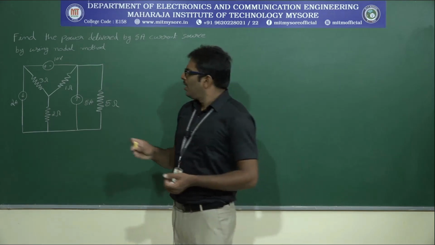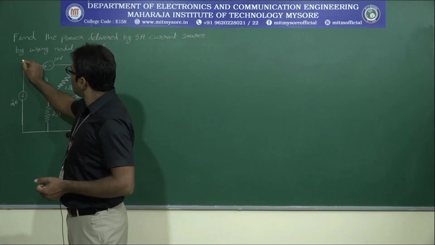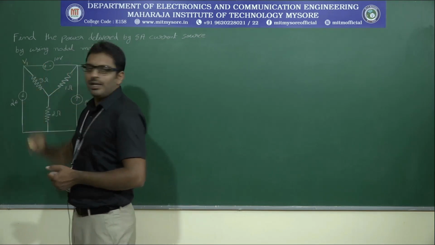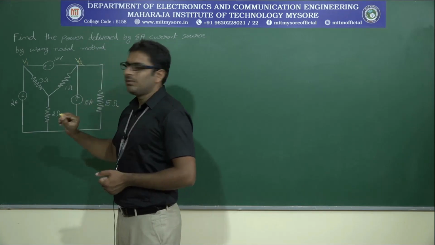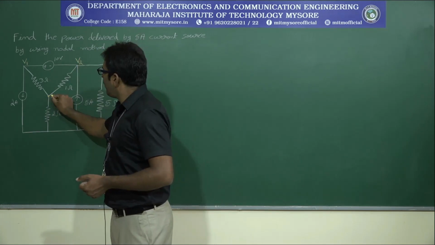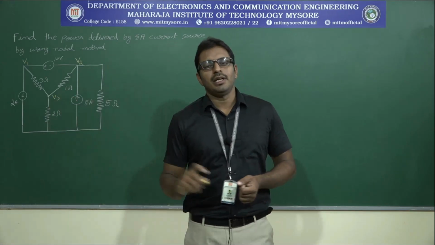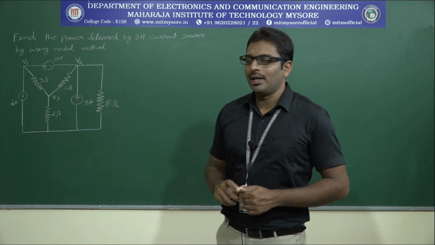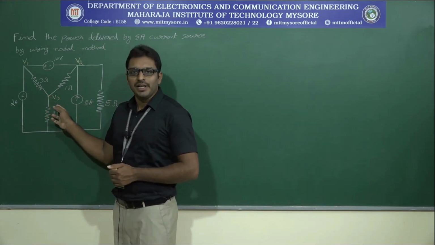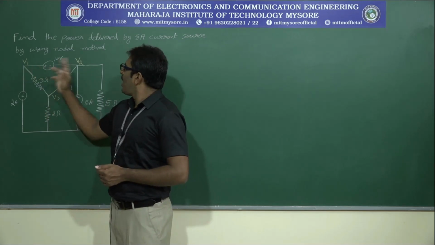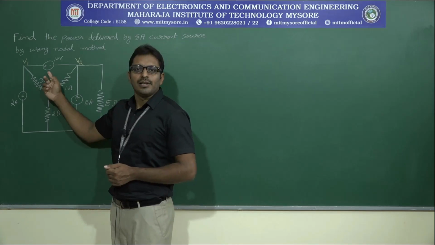First, let me mark how many nodes are in the circuit and call them V1, node number 1, V2, second node, and this one is V3, third node. In this circuit there are three nodes. This V3, node number 3, is an independent node, but V1 and V2 are directly connected by a 10 volt voltage source.